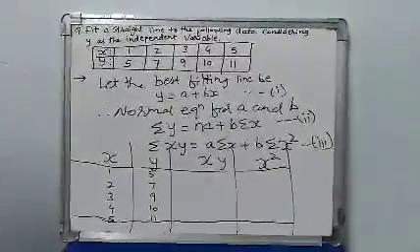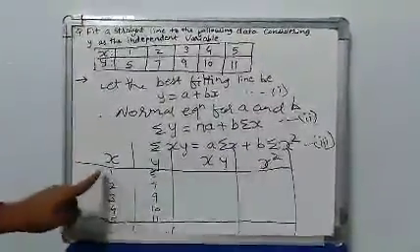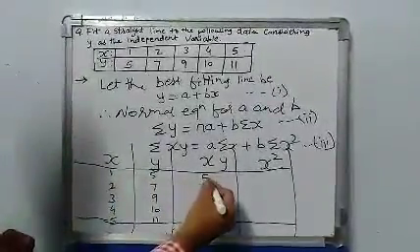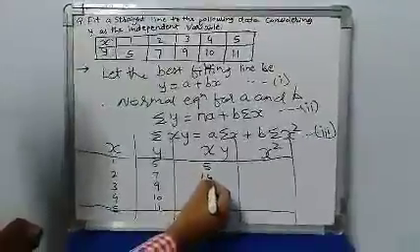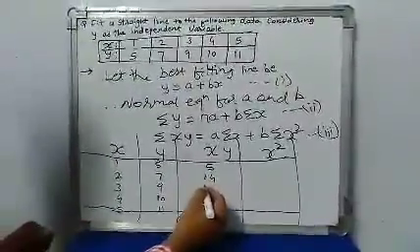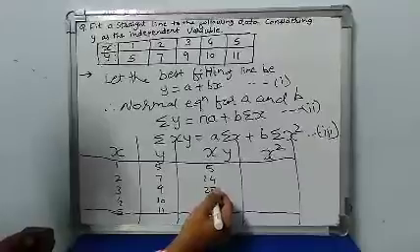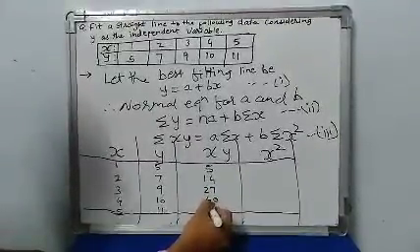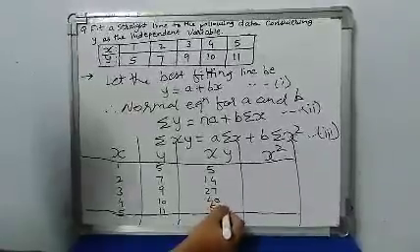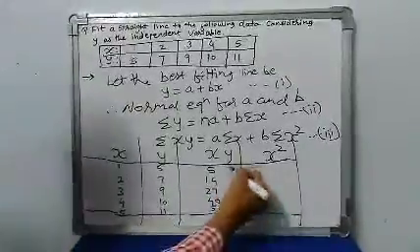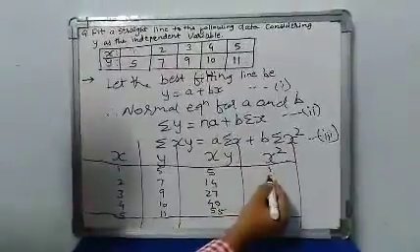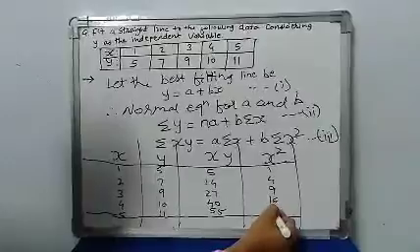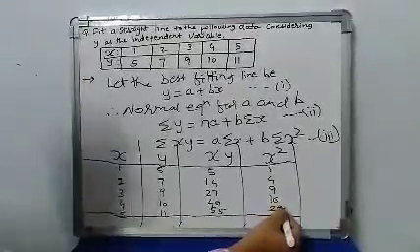Now we have to calculate xy. That is 1 into 5, that is 5; 2 into 7, that is 14; 3 into 9, 27; 4 into 10, 40; and 5 into 11, 55. X square: 1 square is 1, 2 square is 4, 3 square is 9, 4 square is 16 and 5 square is 25.